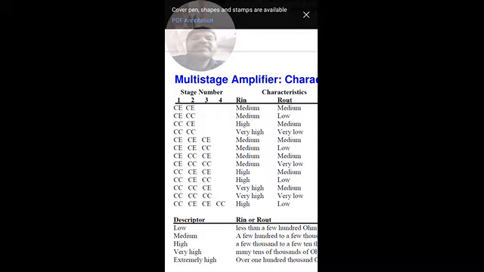In the first stage it is using a CE amplifier, and the second stage is also CE. Then the two stages form a two-stage cascade amplifier. For the CE amplifier we know the input impedance and output impedance are both medium, moderate values.